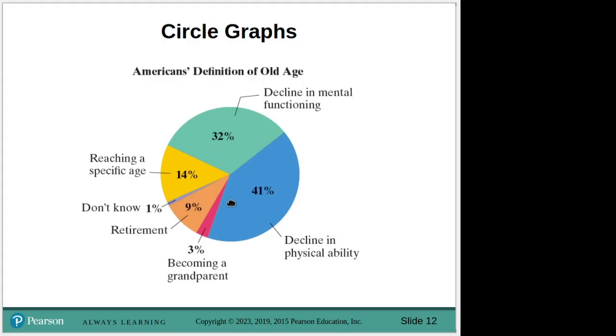And so circle graphs are a great way of representing information without needing to know the exact amounts, because the area covered in the graph is related to the actual percentage of something inside of a whole. So in this case, Americans' definition of old age, they were given survey questions on what it was, and this is the percentage of what people answered.